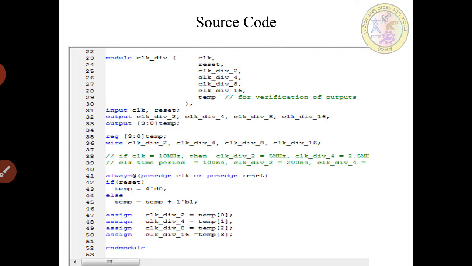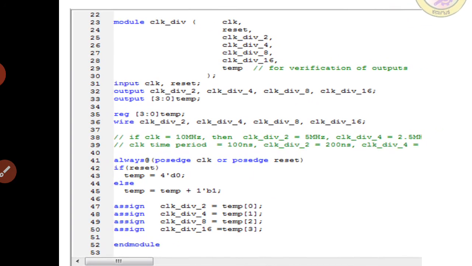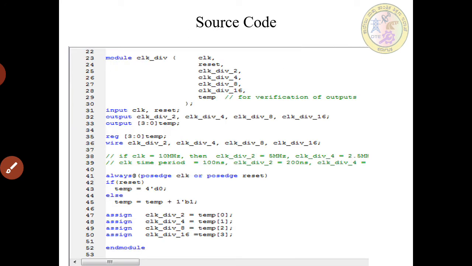Okay, so at each clock the counter will be incremented. And the bits generated, 4 bits, the first bit, second bit, third bit, fourth bit, we need to assign to particular outputs.